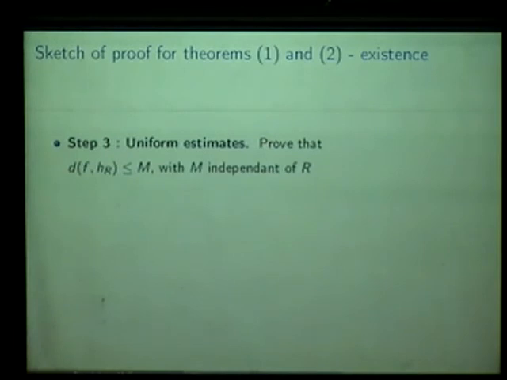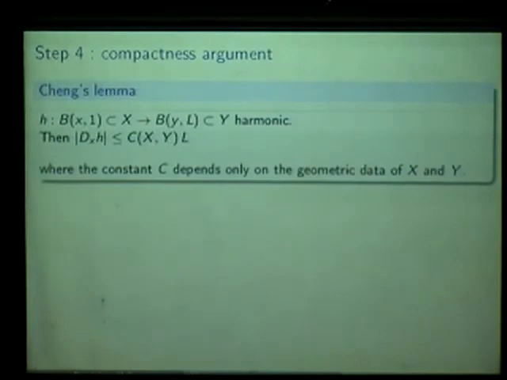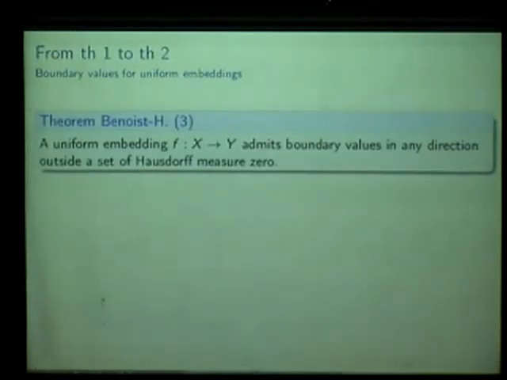So this is already granted for when F is quasi-isometric, as I told you. And I want to explain that in the case that F is not supposed to be quasi-isometric, but is a uniform or coarse embedding, then basically it still has boundary values.